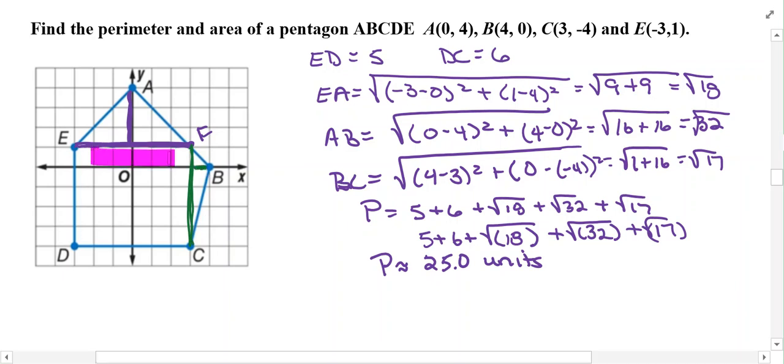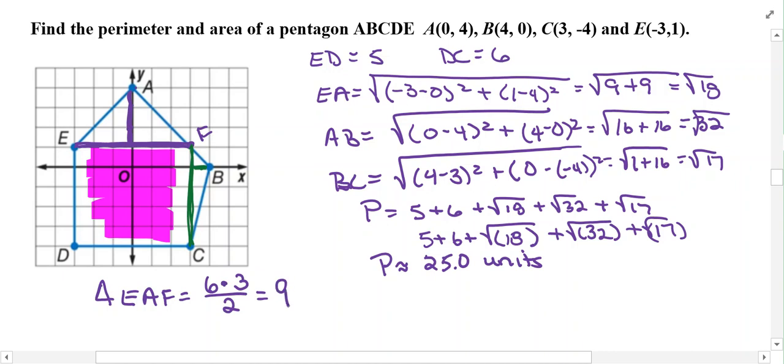And then I will have the rectangle there. Looking at triangle EAF, the base is 1, 2, 3, 4, 5, 6 times the height, which is 1, 2, 3, divided by 2. So that area is 9.